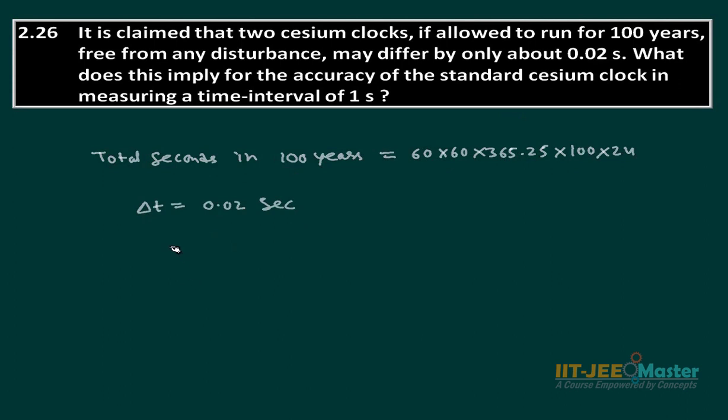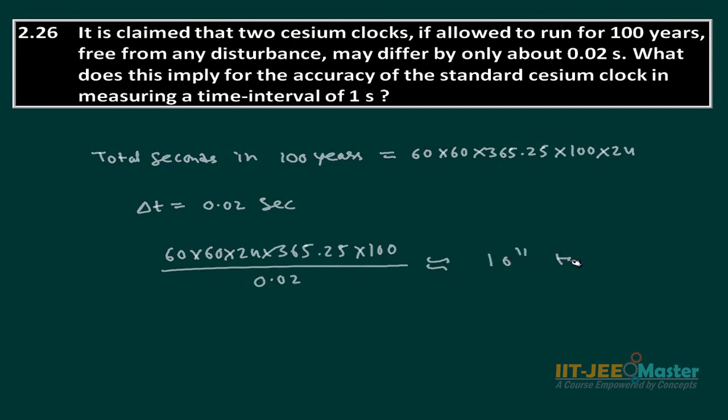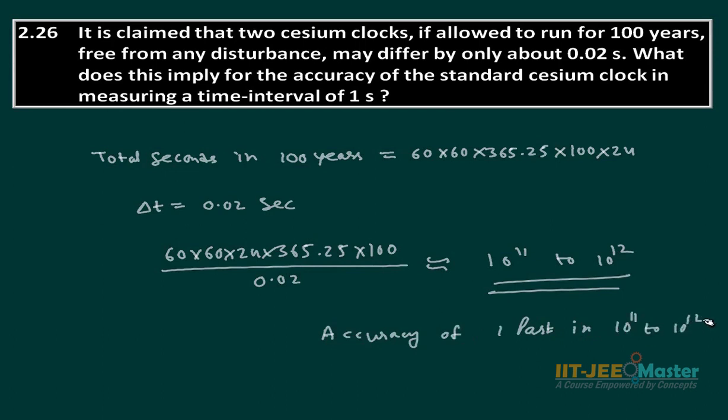If you divide it by this, 60 into 60 into 24 into 365.25 into 100, dividing 0.02 by it, you'll get a number between 10 to the power minus 11 and 10 to the power minus 12. So there is an accuracy of 1 part in 10 to the power 11 to 10 to the power 12.